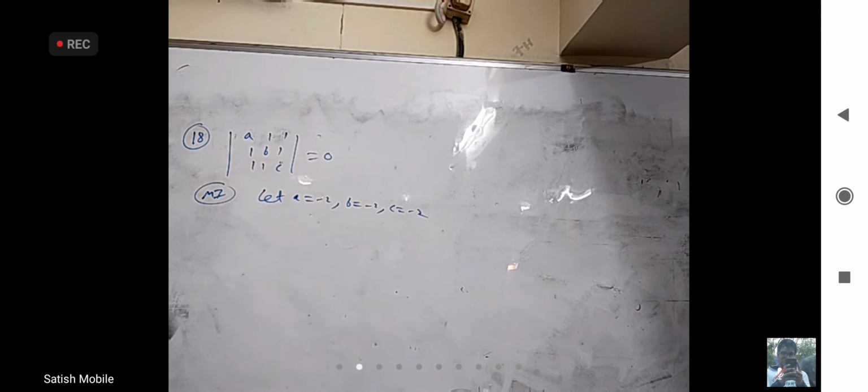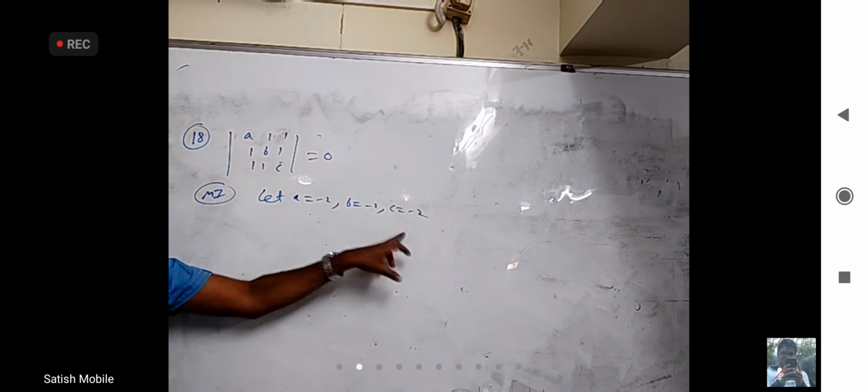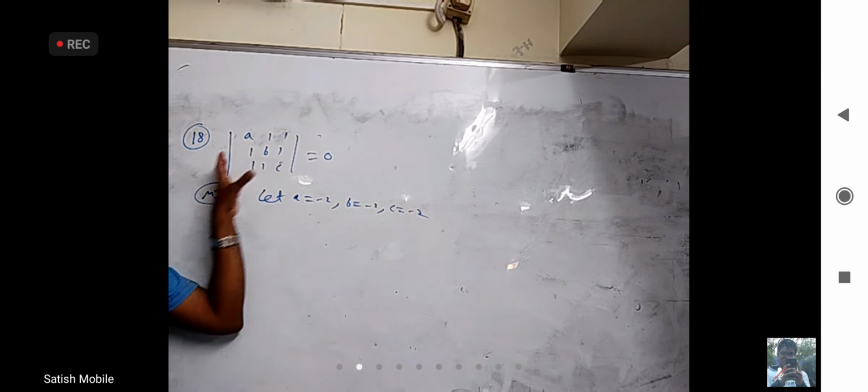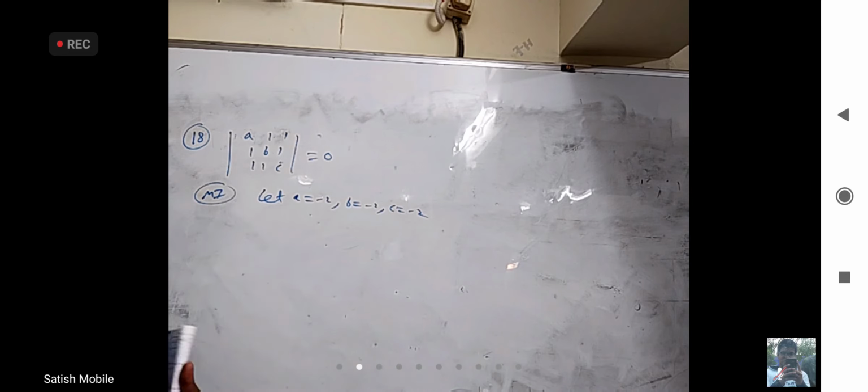One may ask, what is the guarantee that if you put these numbers that is 0? Substitute and check, or add all the rows. When you add all the rows, A plus 2 will come here, B plus 2 here, C plus 2 here. So if I choose -2, -2, -2, one whole row will be 0 and the determinant will be 0. I am not saying these are the only numbers where that will be 0. There are other numbers also, but this is an objective method only.